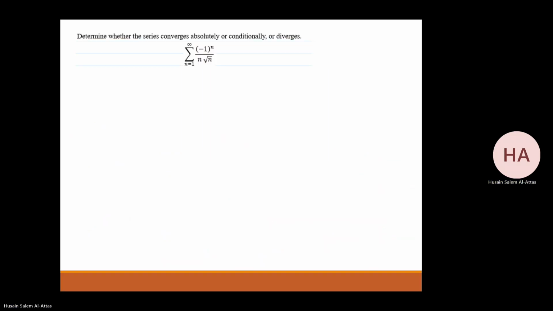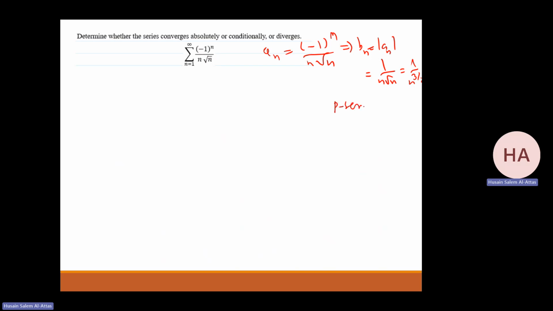This one, if you notice, is AN. Then what will be Bn, which is the absolute value? It is 1 over n square root of n, which is 1 over n to the power 3 over 2. What is this? This is a p-series with p equal to 3 over 2, greater than 1.